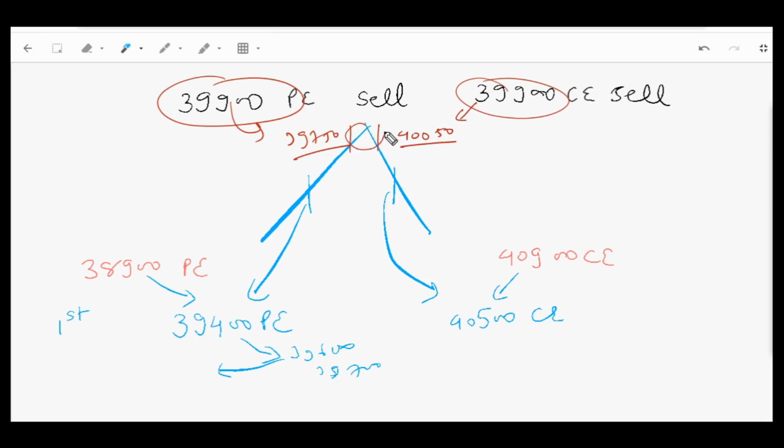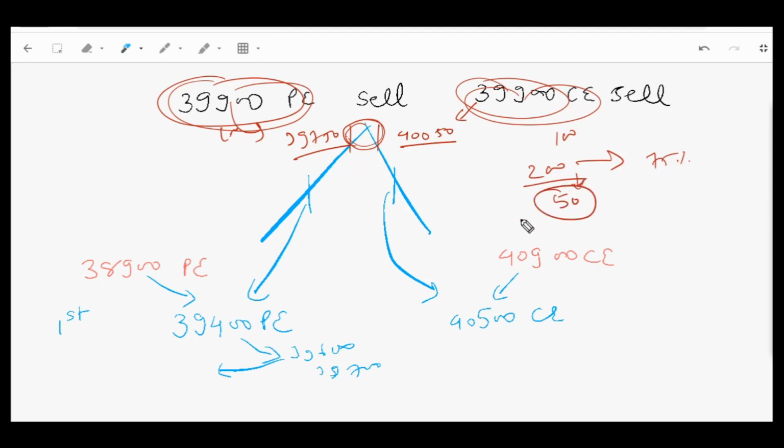If the market remains in between this range, and our call and put combined premium, suppose we have sold both at 100, so our combined premium is 200. If it has already decayed more than 75%, which means the combined premium is at 50 or less than that, we will exit both these sold legs.